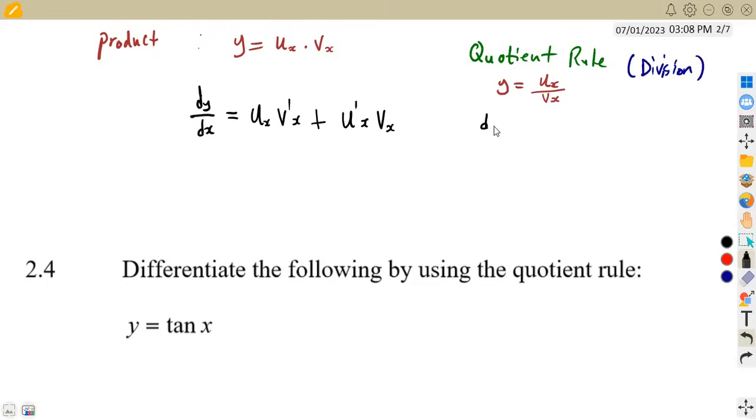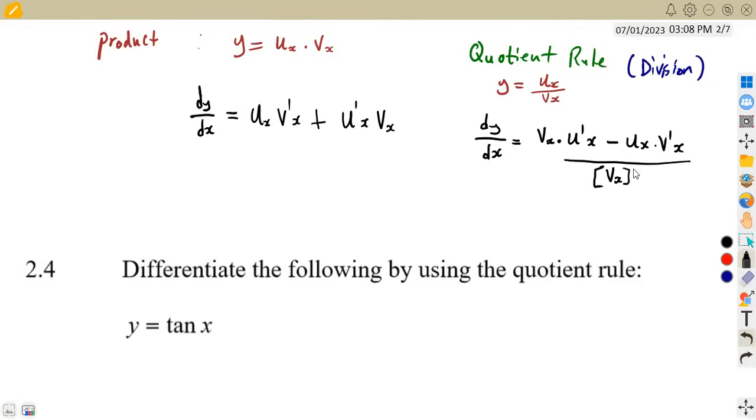Therefore, the derivative of y with respect to x in this manner is given by this formula, which is also on your formula sheet: v(x) times the first derivative of u minus u(x) times the first derivative of v, everything over v(x) squared. So we take the function v in the denominator and square that function.